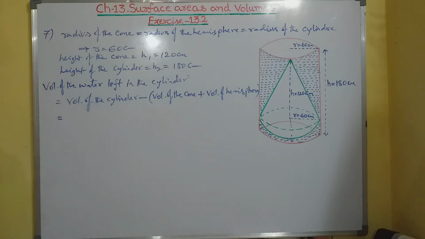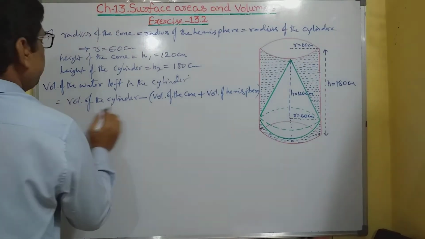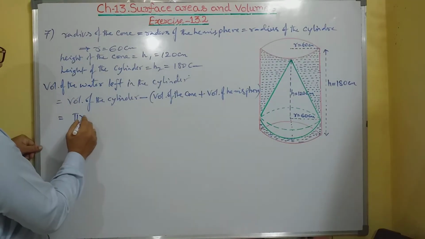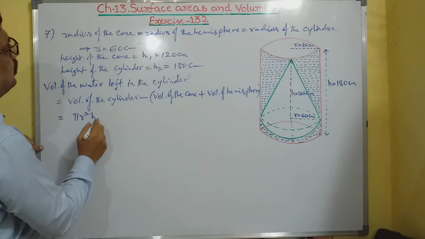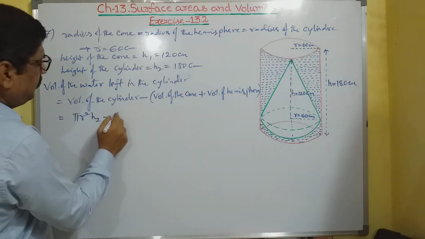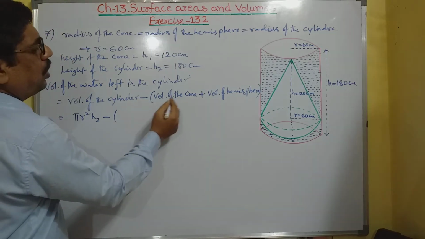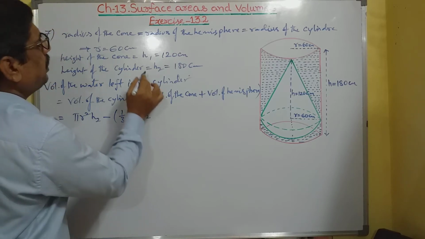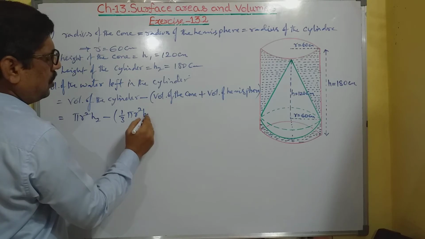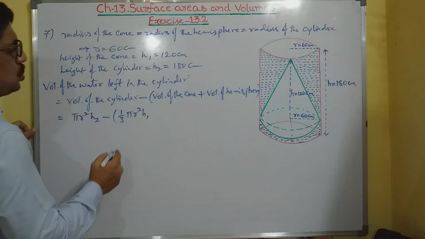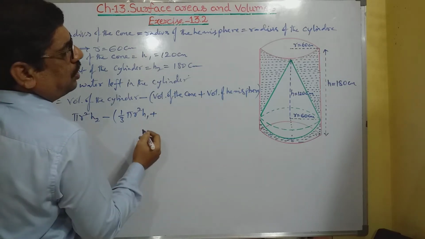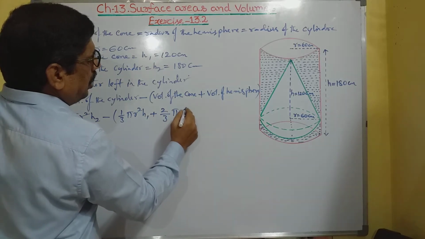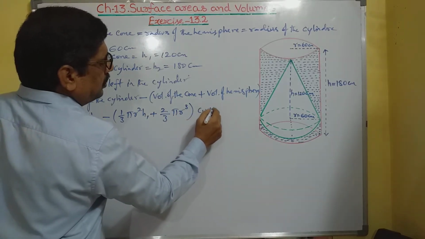Now the volume of a cylinder formula is pi r square h, and here we have taken the height of the cylinder as h2, so pi r square h2, minus the volume of the cone, 1 by 3 pi r square h1, where we have taken the cone height as h1 and the cylinder height as h2, plus the volume of the hemisphere, 2 by 3 pi r cube, cubic units.